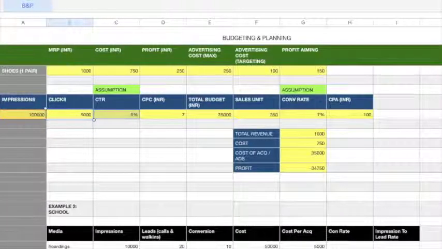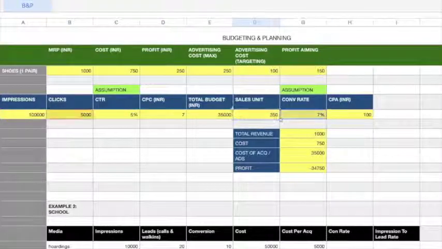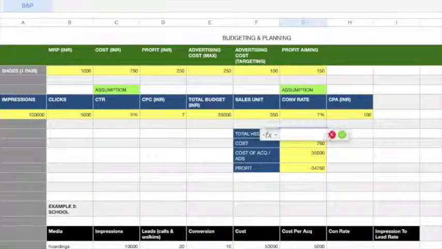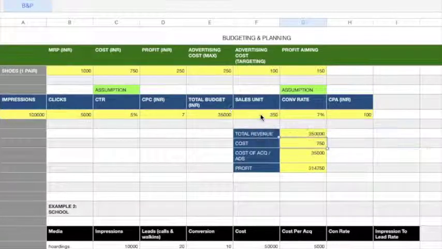But at 1 lakh impressions and a 7% conversion rate, suddenly your profits kind of decline. Okay, because we have not maintained this. Total revenue is, let me put the formula here, 1000 multiplied by the number of units we're selling.